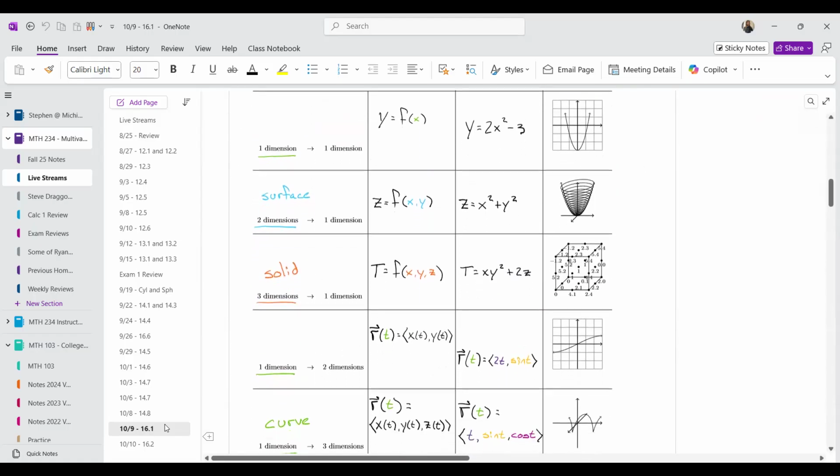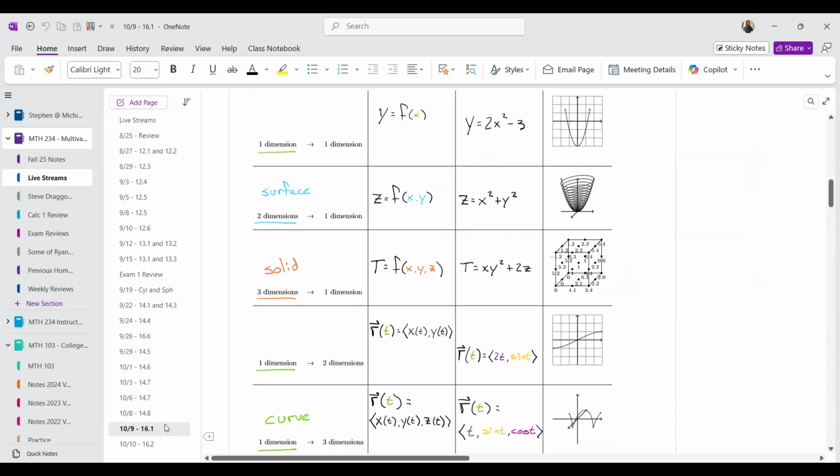Then there was a whole bunch of fancy stuff going on here where we talk about going from 1, 2, or 3 dimensions to 1, 2, or 3 dimensions and the functions that happen in that way. So going from 1, 2, or 3 dimensions are all of the standard functions that we are used to, right?